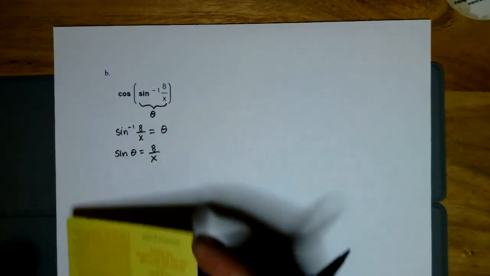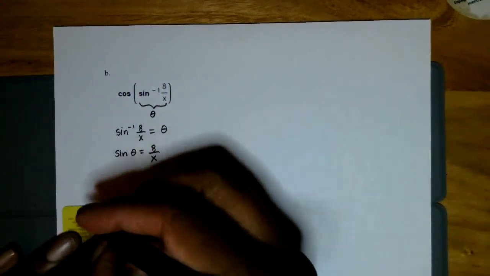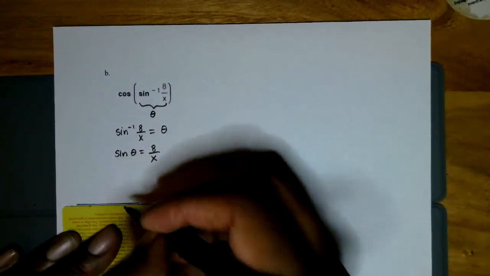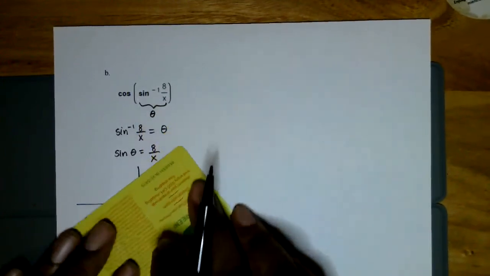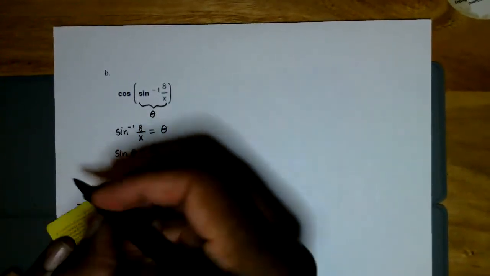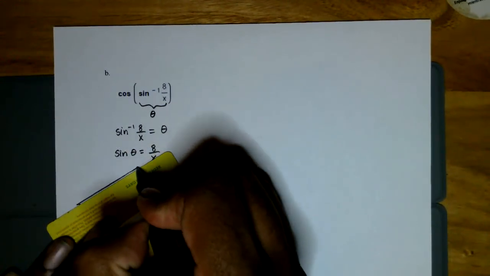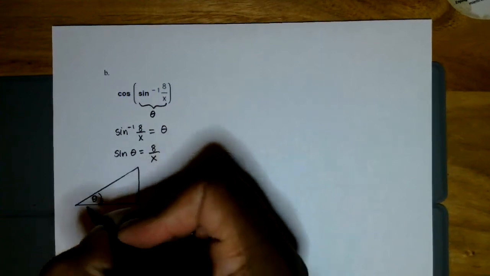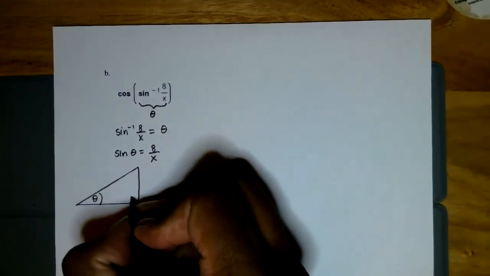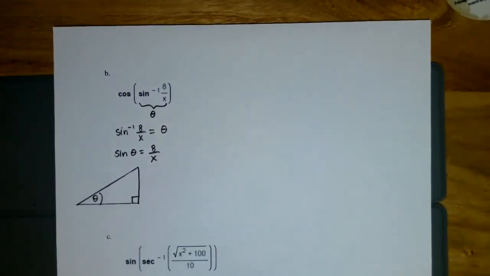And let's create a triangle, a right triangle to be exact, with this relationship. Okay, there's theta, that's the right angle.